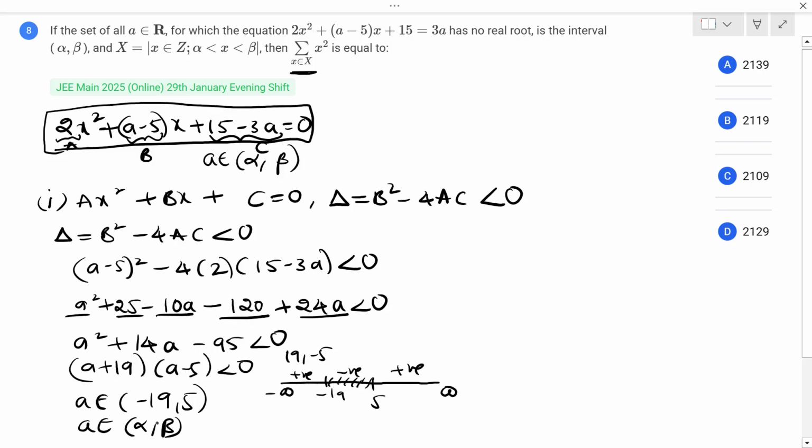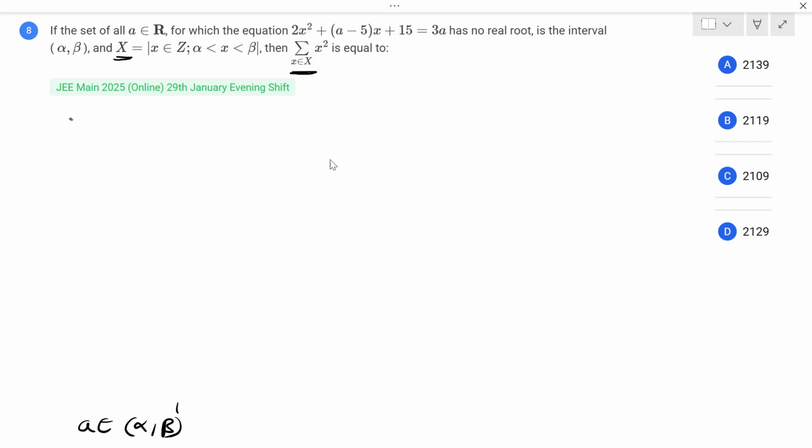He is saying after collecting a values, now tell me what are the integers between alpha to beta and write them in the set capital X. Acha. So the a values are minus 19 to 5. He has said that a should be between alpha to beta.